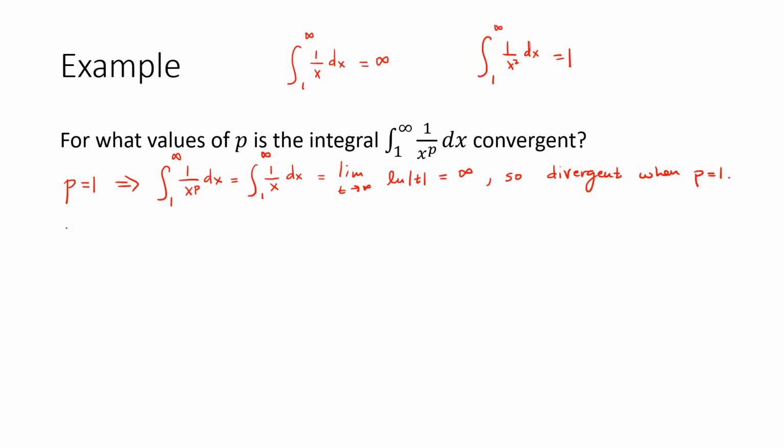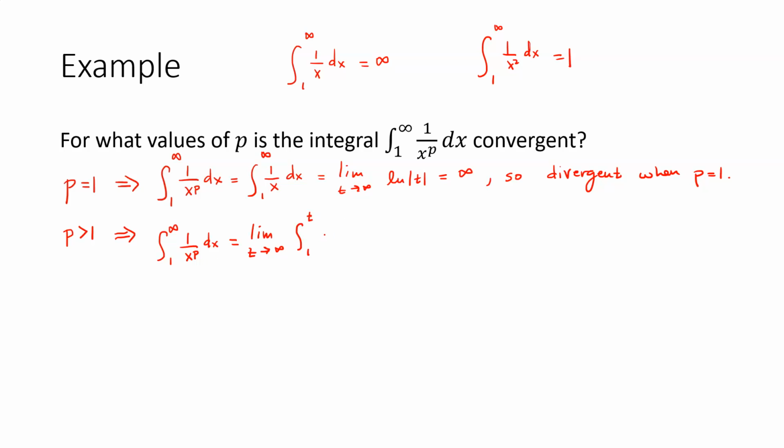So let's consider another case. Let's consider the case that p is greater than 1. Then when I integrate from 1 to infinity, 1 over x to the p will be the limit as t goes to infinity of the integral from 1 to t.